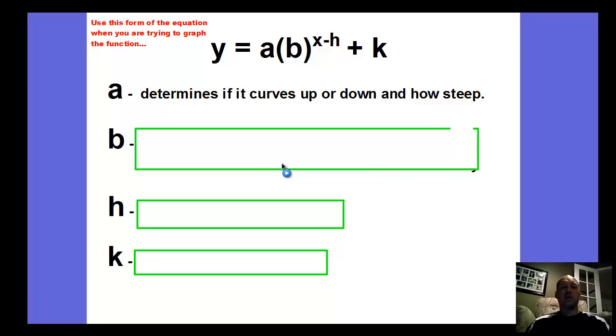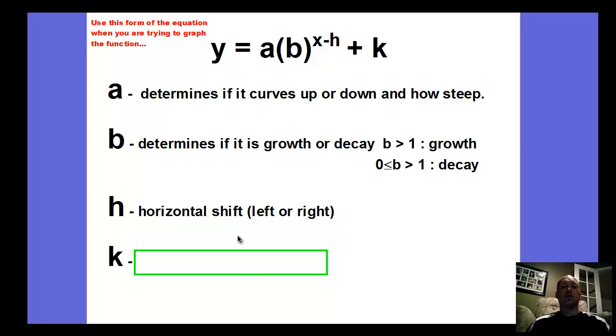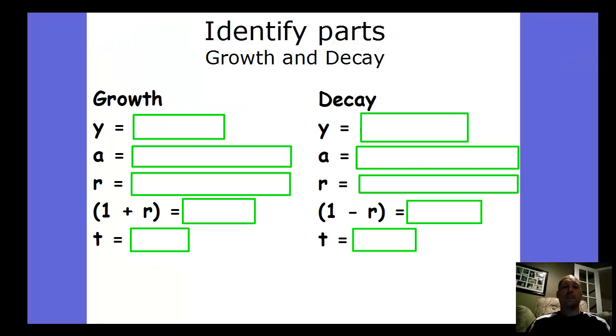B describes if it's a growth or a decay. When B is greater than 1, we have a growth, and when it's between 0 and 1, it's a decay. H is our horizontal shift, left or right, opposite what you see. And K is our vertical shift, up or down, what you see for the numbers in the equation.